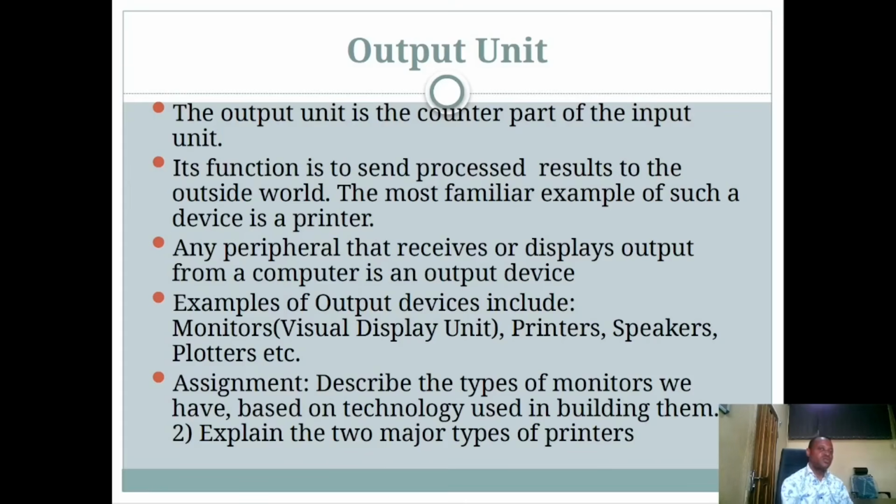The monitor too is an output device. So what you know is that an output unit is a unit where results of processed data are sent to users or to the outside world. Okay.